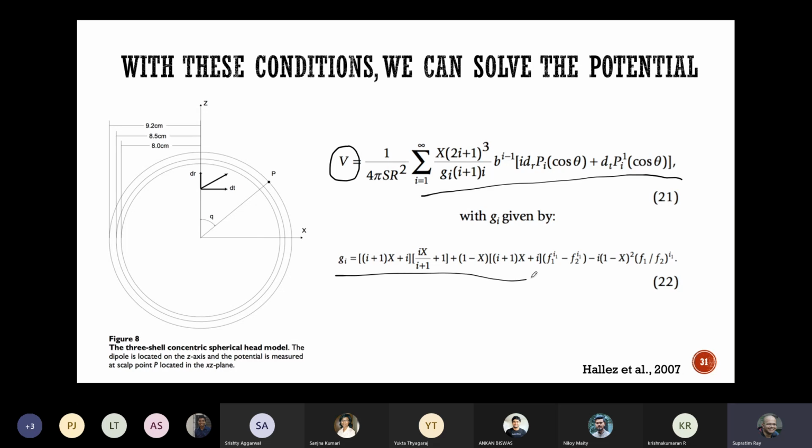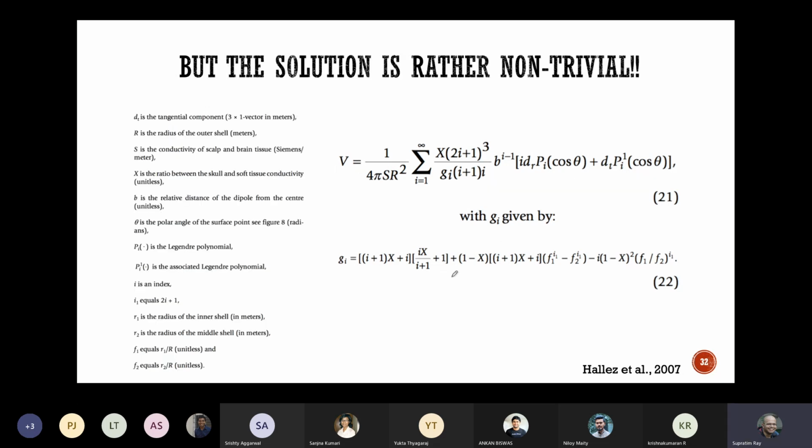Well, G is this, and X is all given here. Then you need Legendre polynomials and associated Legendre polynomials, and you can read all of this. I'm not going to even try to explain this.